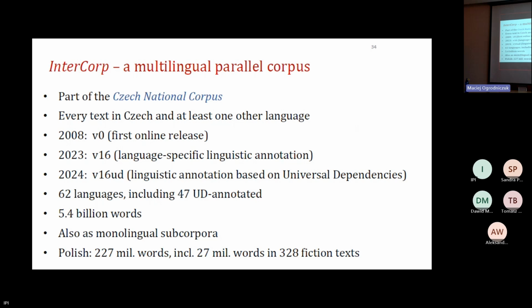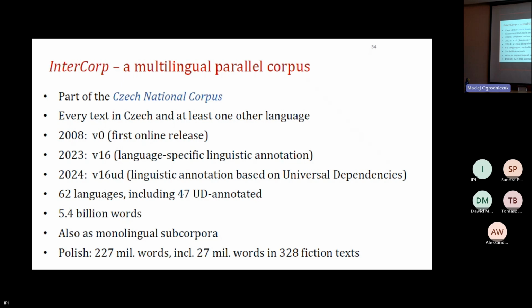For example, we take the Polish tagger. For that, we don't have syntactic annotation, just morpho-syntactic annotation. But very recently, we released the same version, the same text, with the annotation based on Universal Dependencies, and that allowed us to use these measures also, in addition to other things.